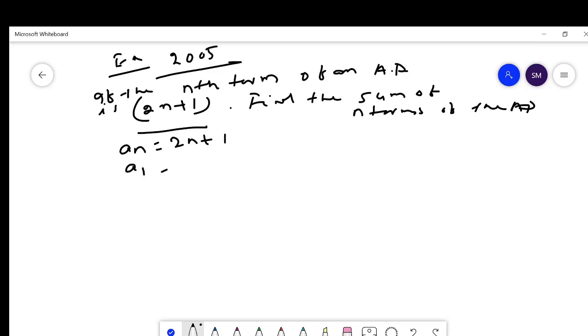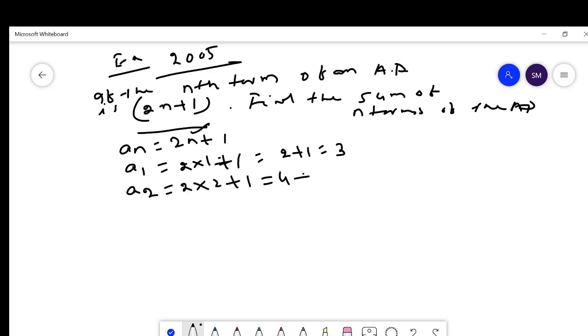This means the first term a1 is 2 into 1 plus 1. In place of n we can write 1. This is 2 plus 1 equal to 3. Then the second term a2 is 2 into 2 plus 1, which is 4 plus 1, 5. Then the common difference is a2 minus a1, 5 minus 3, which is 2.